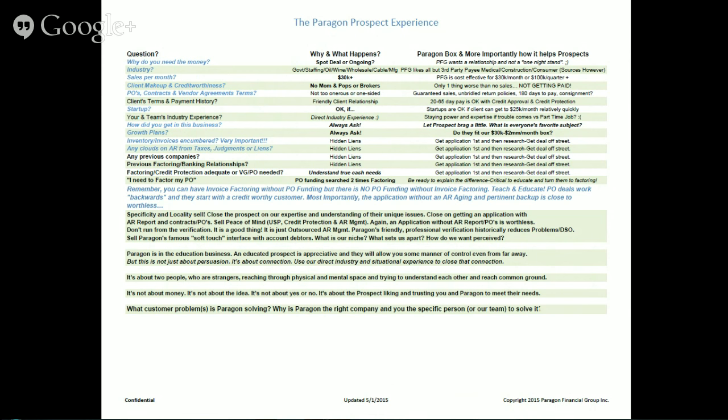One of the reasons we can help people less than 2 years old, bruised credit, losing money, 100% client concentration is we look at the creditworthiness and the credit insurability of who they're selling to. We have clients selling to Walmart, to the Department of Defense, to Comcast, to Time Warner, to the city of LA, fill in the blanks.